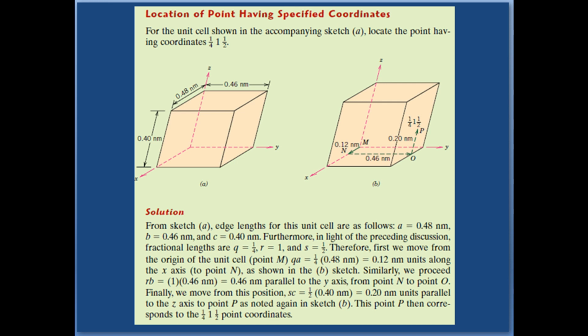The value of r is 1 and the value of b is 0.46, which gives 0.46 nm parallel to the y-axis from point N to point O.